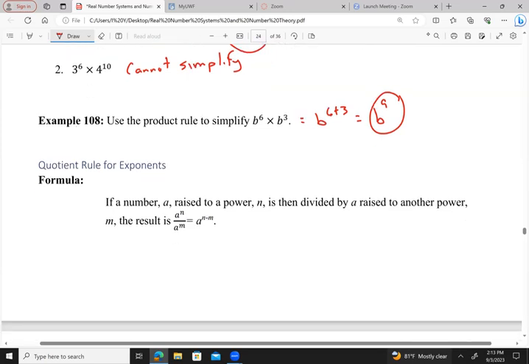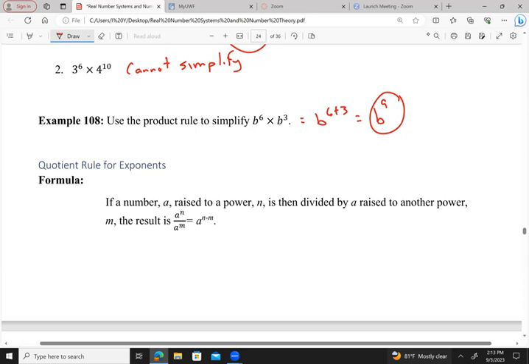Next, we have the quotient rule. If a number a is raised to a power n, and is then divided by a raised to another power m, the result is a to the n divided by a to the m is equal to a to the n minus m. So when we're multiplying, we add the exponents.